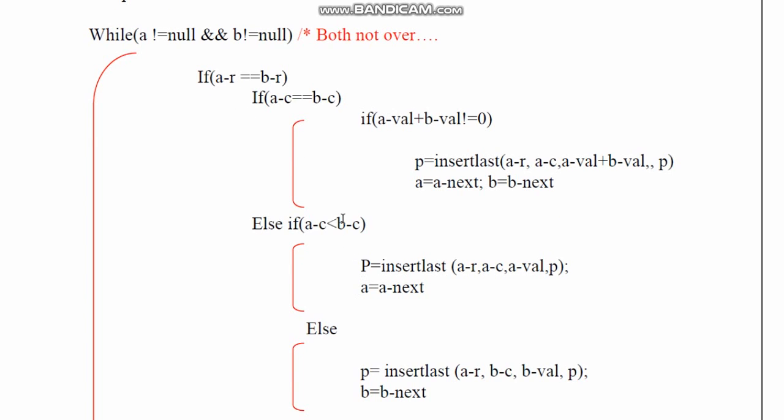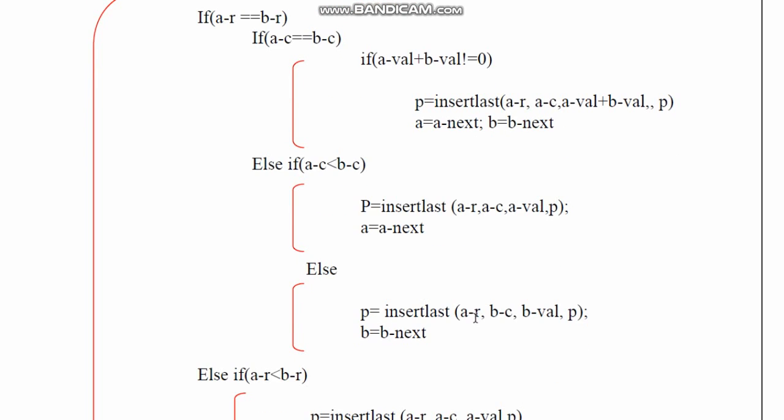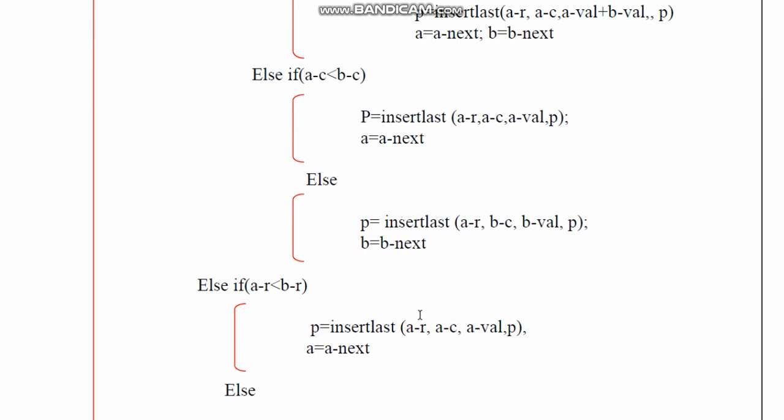Suppose rows are the same, columns are less, then A's row, A's column, A's value are passed to the list, and A is advanced. Otherwise, A's row, B's column, the rows are the same, B's column, B's value, and B is advanced. Reverse, if rows are different, then A's row, A's column, A's value.